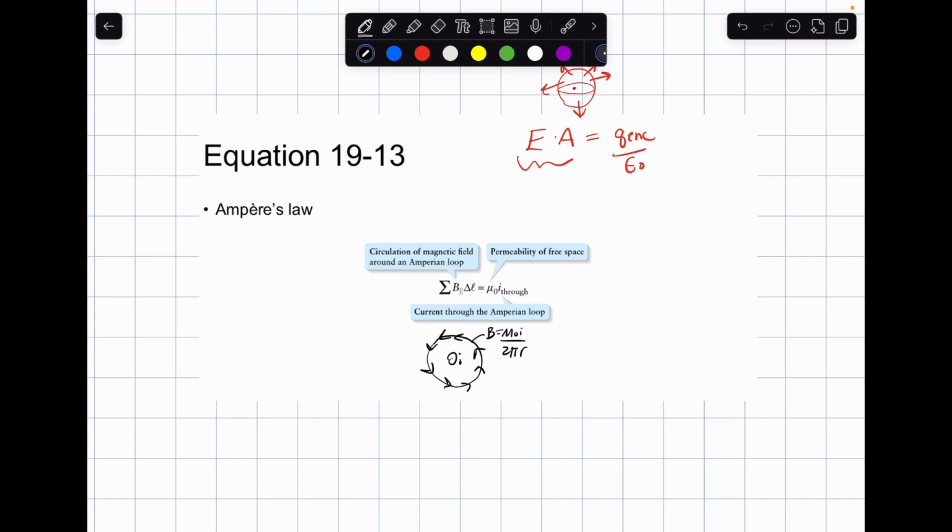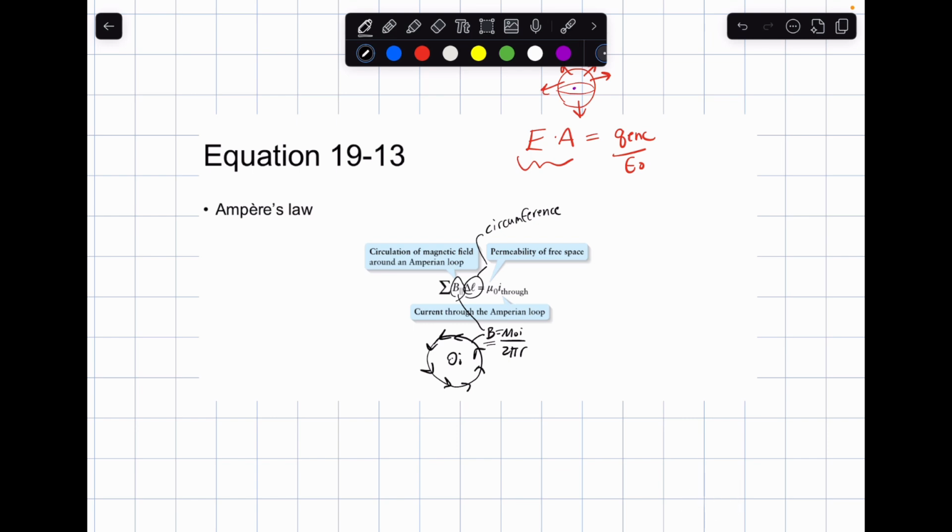So since this circle everywhere has the same radius r, the magnetic field is going to be the same everywhere on that circle. And so if we take that value of B and we multiply it by the total length of that circle, which is a circumference, right? Then that multiplication of the circumference of the circle times the magnitude of that magnetic field, guess what that's going to be equal to?